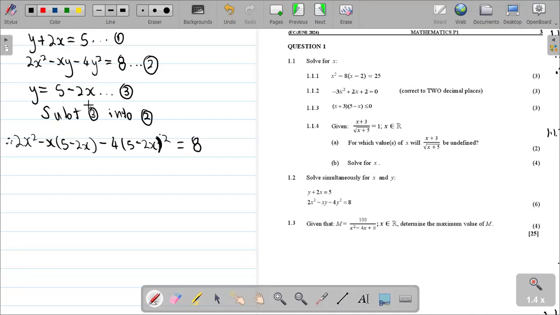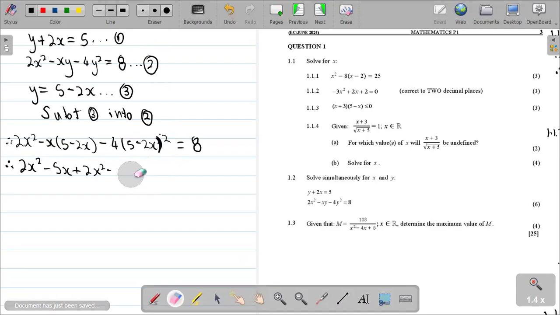So equals 8. And then we solve for x here. So we have 2x squared minus 5x plus 2x squared minus 20 plus 8x. Oh, sorry about that. We should expand the bracket here.